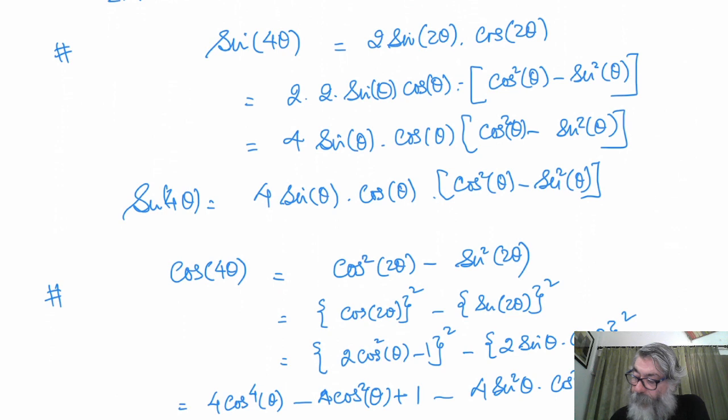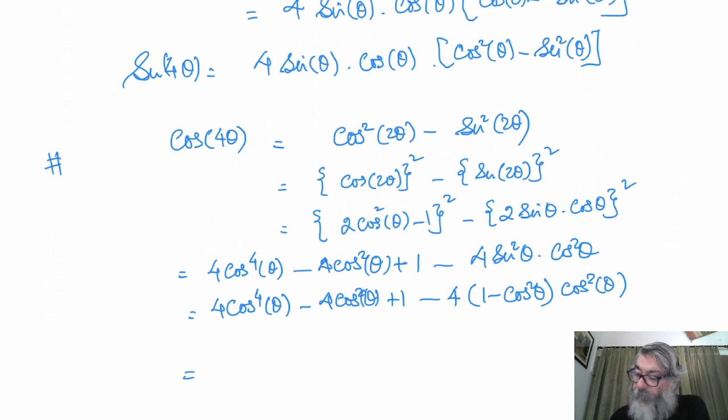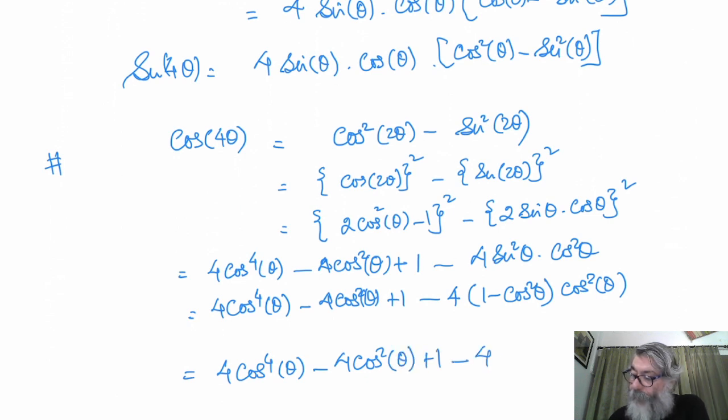Like this, 4 cos 4 theta minus 4 cos square theta plus 1, minus 4 sin square theta, meaning 1 minus cos square theta, times cos square theta. When we multiply them, we get 4 cos 4 theta minus 4 cos square theta plus 1 minus 4 cos square theta plus 4 cos 4 theta.